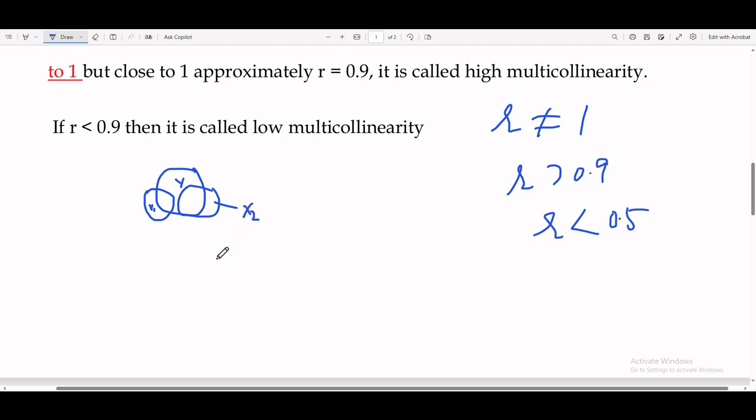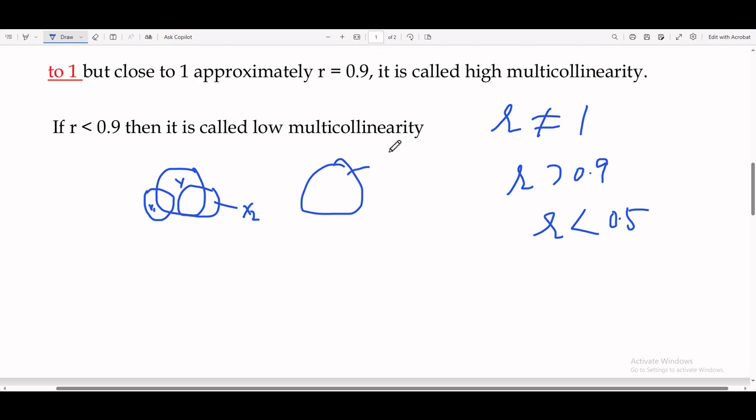So there is no collinearity, because x1 has a separate effect on the dependent variable y, and x2 also has a separate effect on y. So no collinearity.